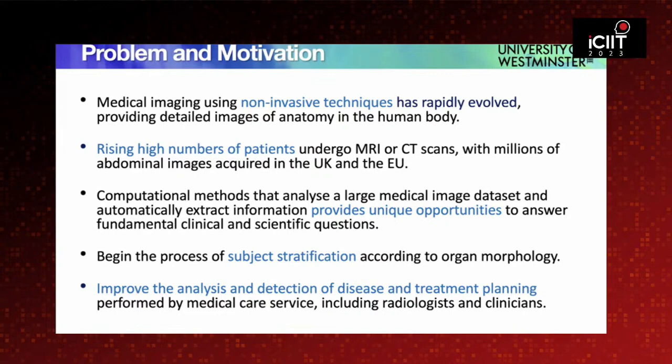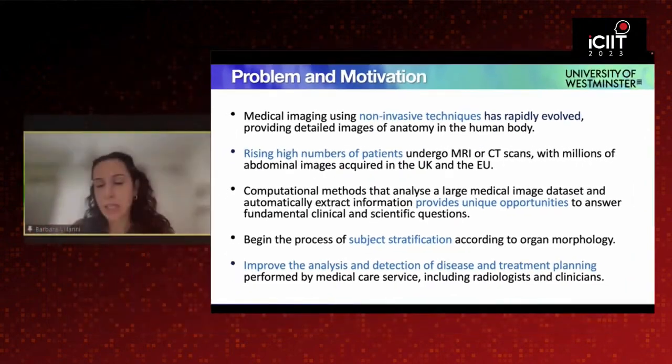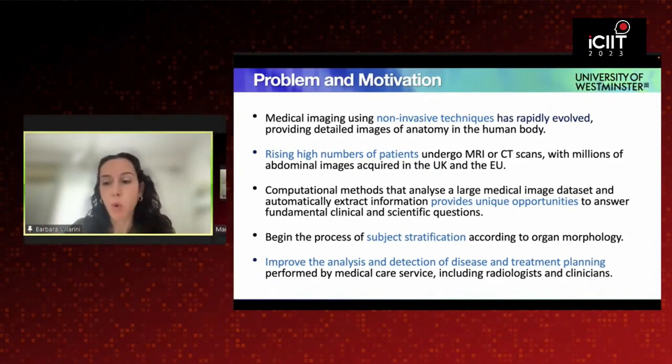However, most of the information that could be derived from a careful analysis of such large data sets is neglected, mainly due to the fact that the available tools require interaction from radiologists and radiographers, who should analyze very carefully each slice in order to identify a specific pattern in the images that could indicate an early sign of a specific disease. But of course, this requires a lot of effort, a lot of time.